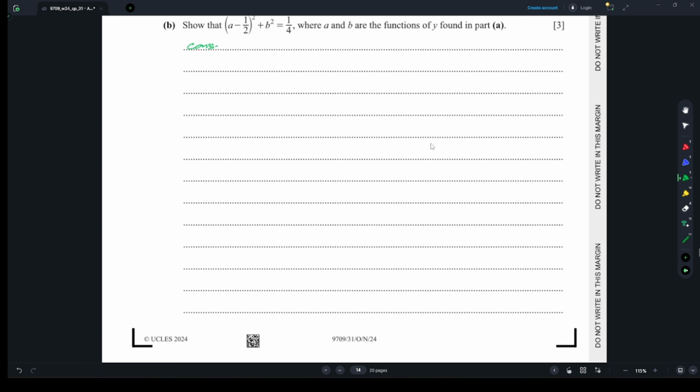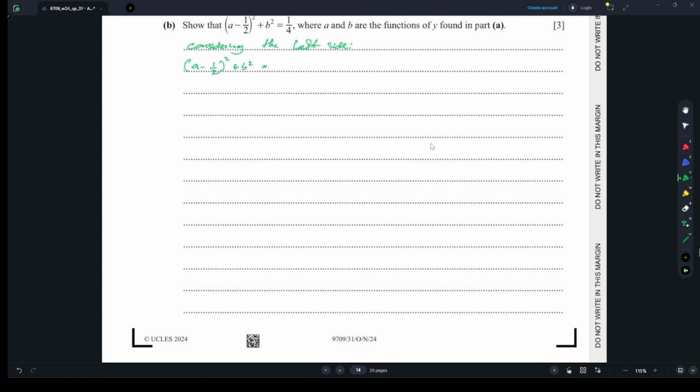So considering the left side, we have a minus half squared and b squared.